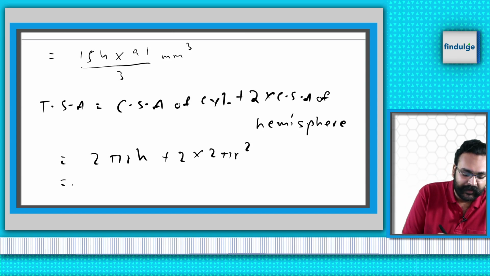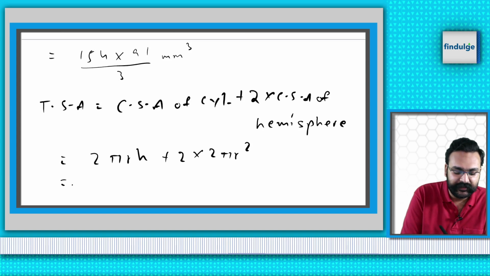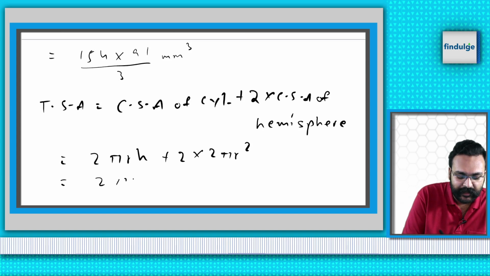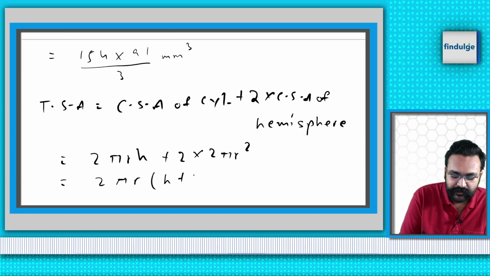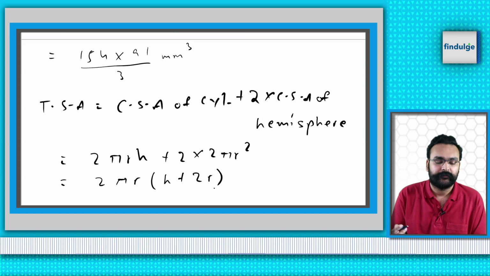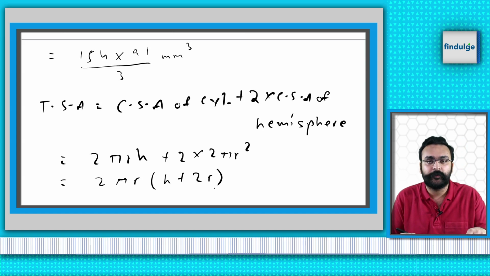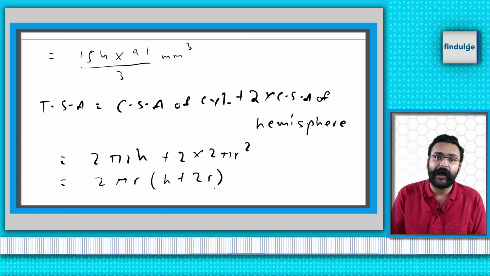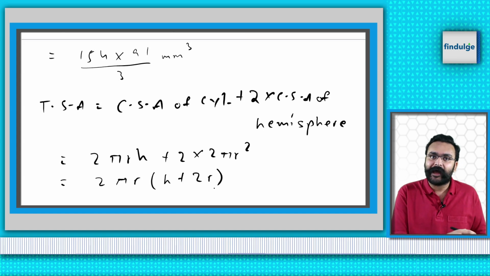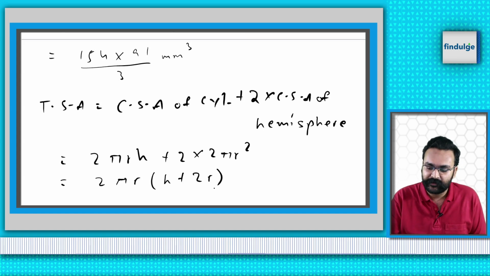So again, like I said, I want to make it easier for myself. So I can write it as 2 pi r into h plus 2r, because 2 pi r h would be left here. This is 4 pi r square. So when I take 2 pi r common, it will be 2r left.